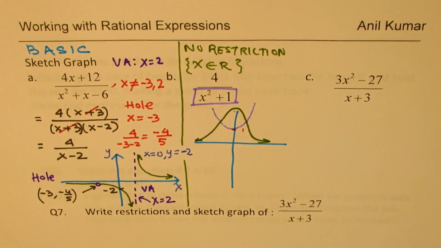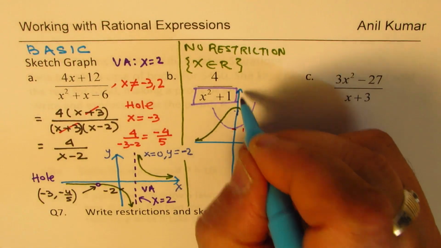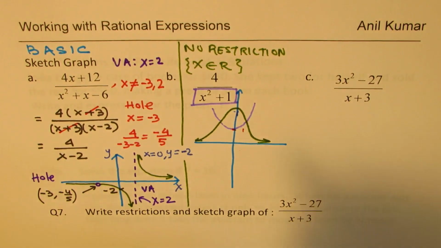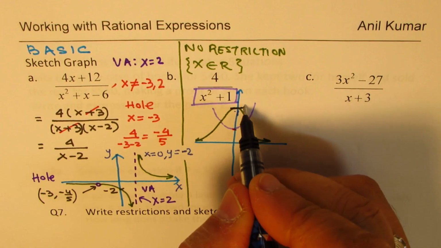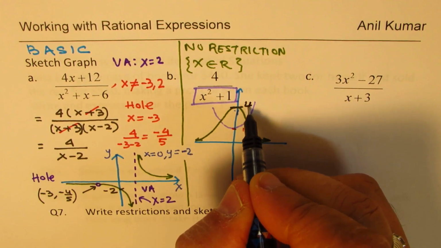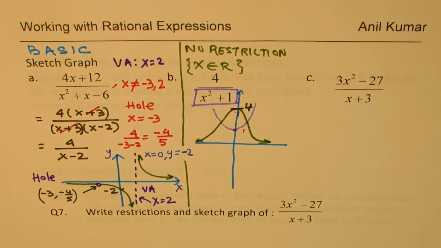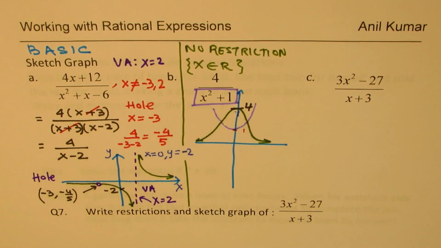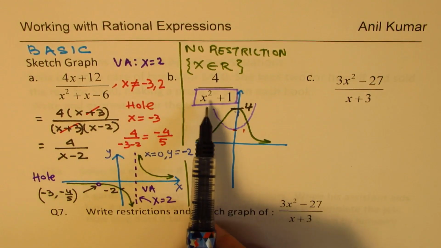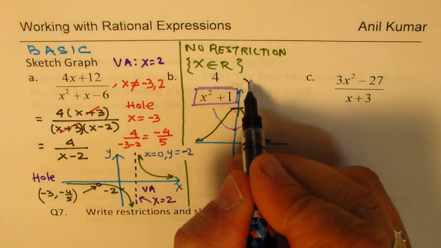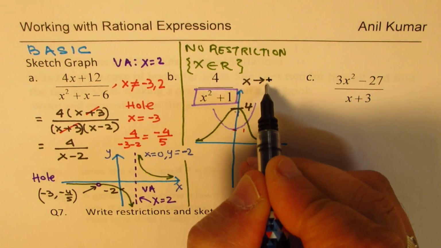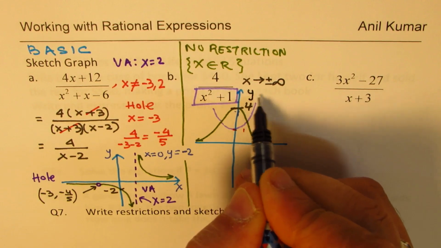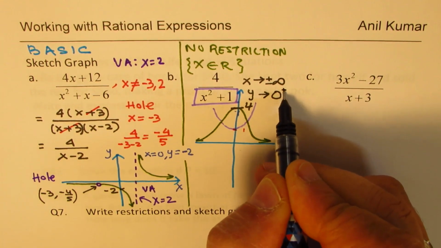Very interesting, right? Now, as you can clearly see here, the value of 4 will be the maximum value. When I substitute x as 0, I get 4, and that is my y-intercept. But when the x value is very large, when x is approaching positive or negative infinity, y is approaching 0 from the positive side.